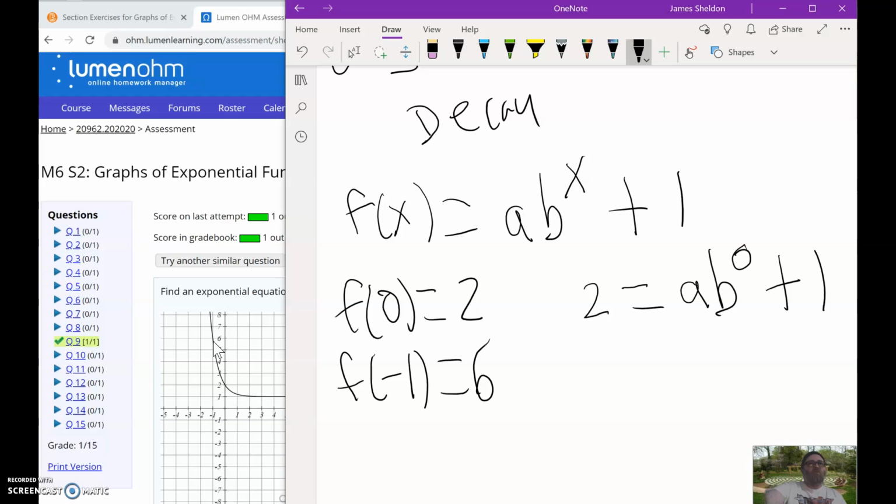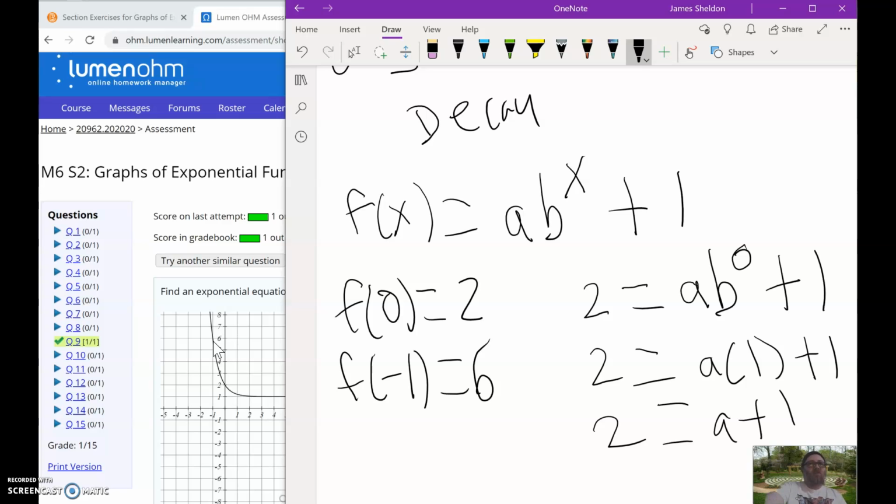So we'll say 2 equals a times 1 plus 1, or 2 equals a plus 1. Subtract 1 from both sides, and we get a equals 1. So that's great because now we've found what we need for a. We know a is just 1. And then 1 times b to the x is just b to the x. So now we've got a figured out.